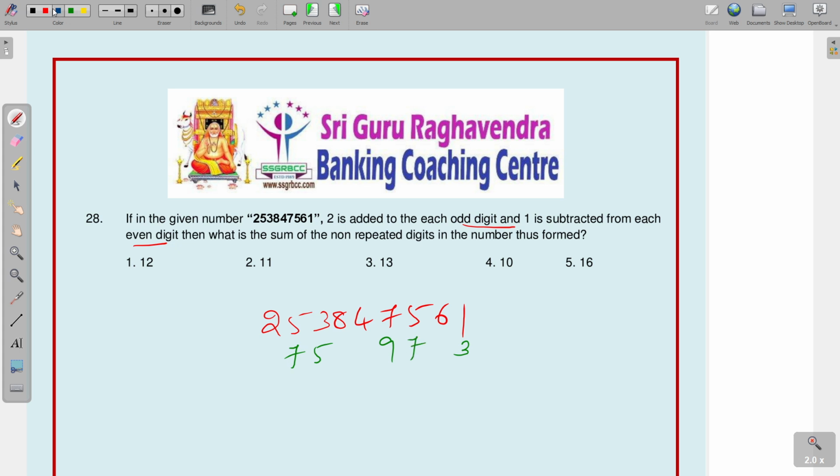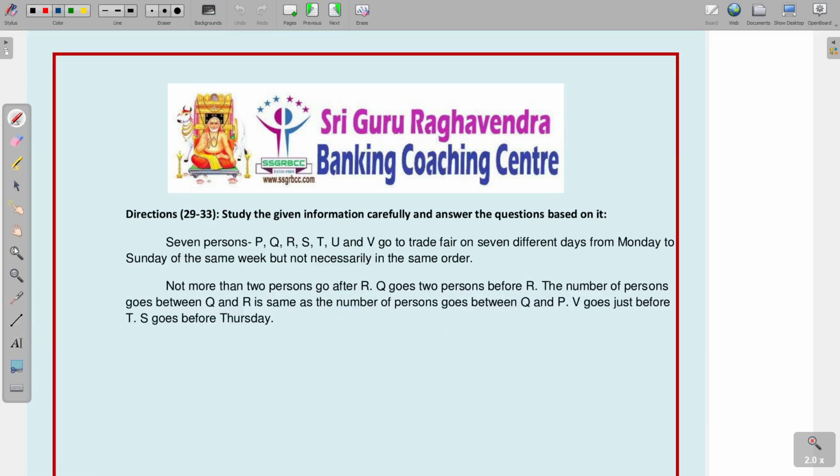Next, 1 is subtracted from each even digit, giving 1, 7, 3 and 5. What is the sum of the non-repeated digits in the number? So 7 is repeated, 5 is repeated, 3 is repeated. The remaining non-repeated numbers are 1 plus 9, that is 10. 10 is the answer.